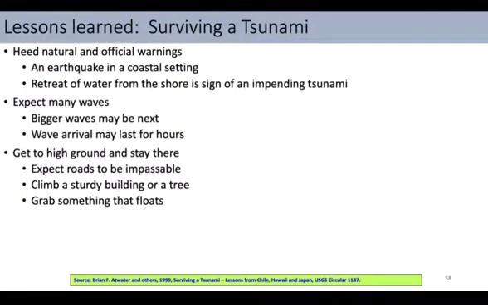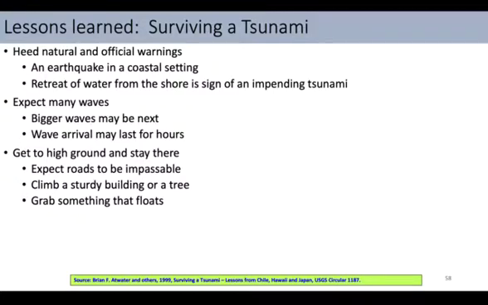When you hear that there is a warning, take it seriously. And it's not just one wave. It's not guaranteed that the first wave is going to be the largest. So the first wave might be very devastating. You might think that it's over, but there are absolutely more to come, and they might be actually bigger than the first one.